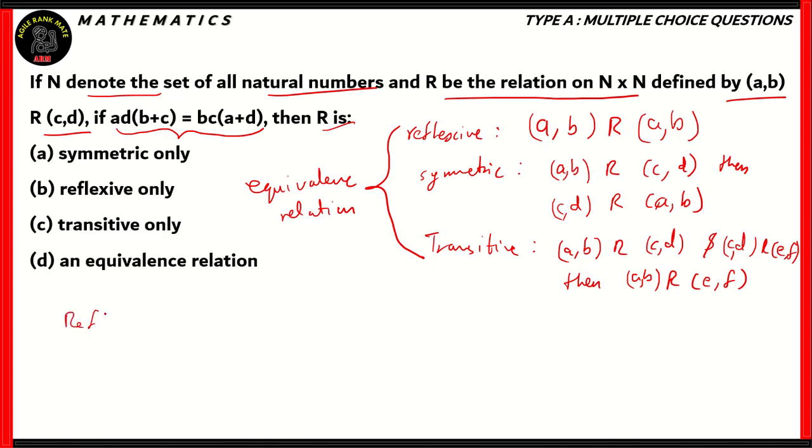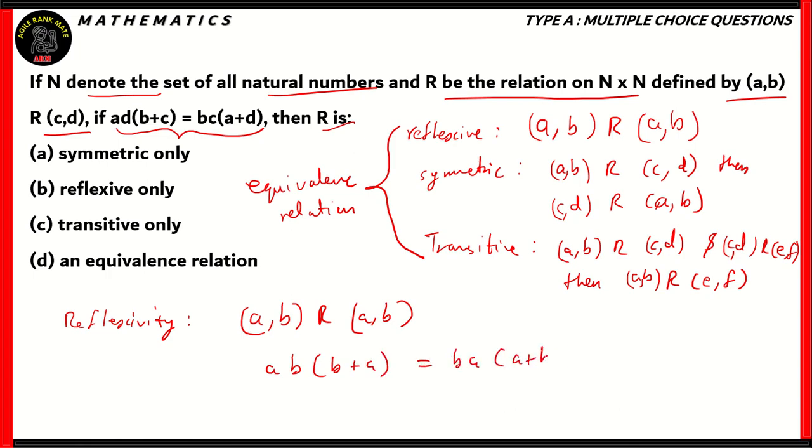Now let's test for reflexivity. Basically (A,B) related to (A,B). That would mean AB(B+A) = BA(A+B). This generalization is true because of the commutative property.